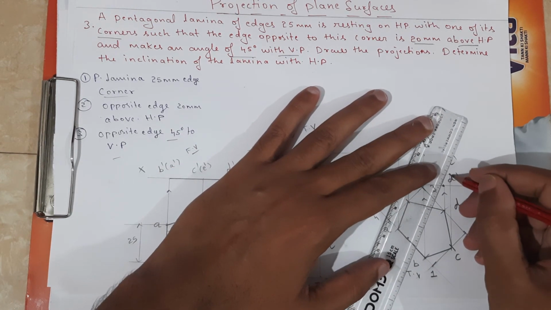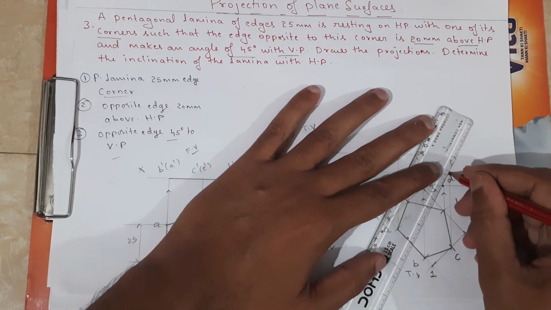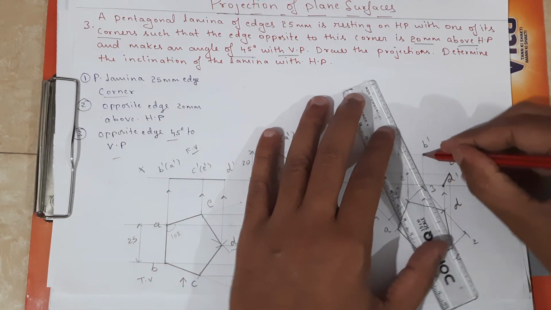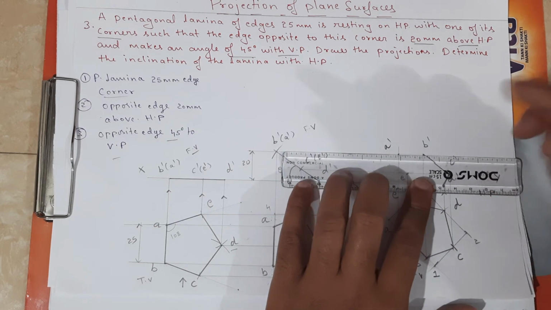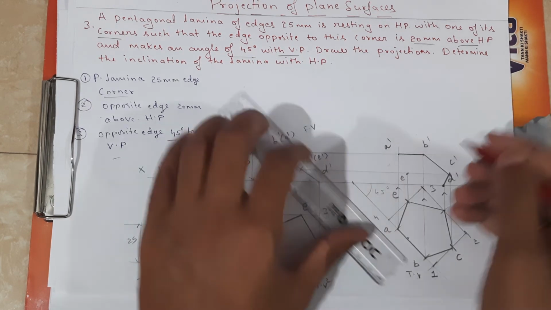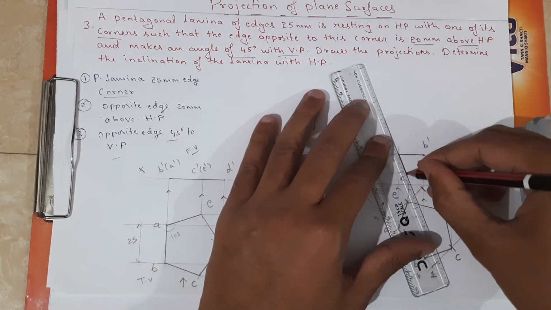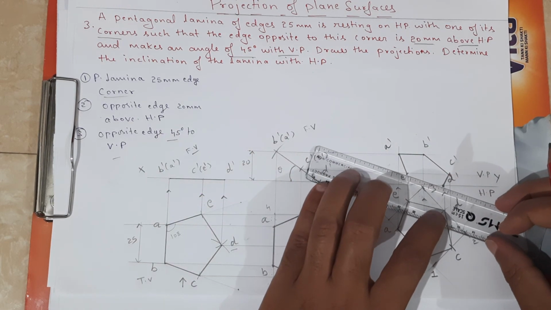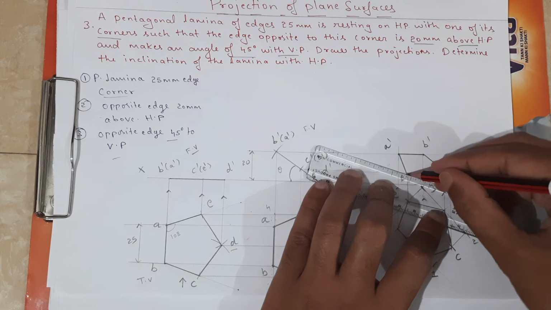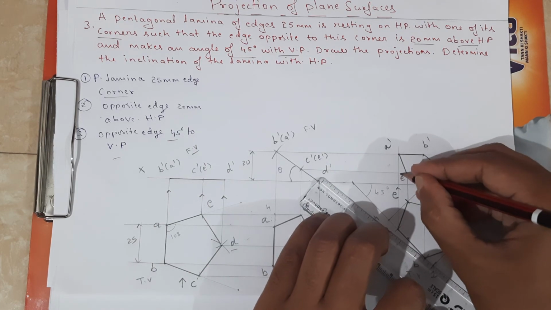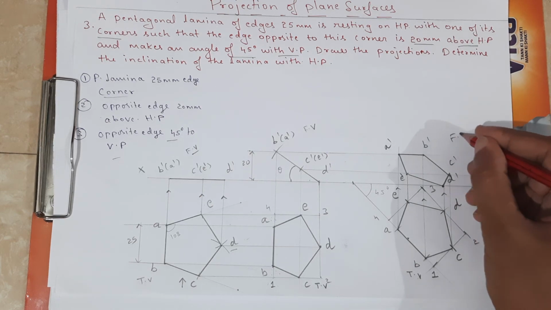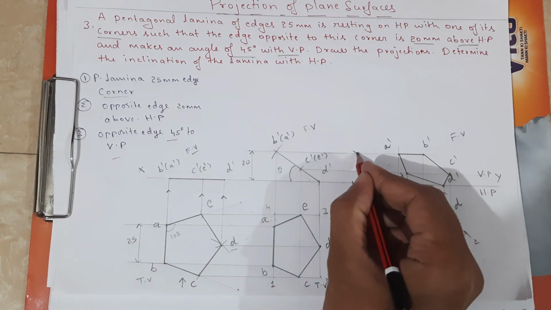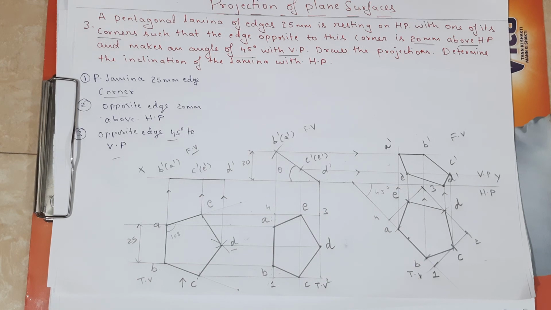From D dash to C dash join, then from B dash to C dash, B dash to A dash, A dash to E dash, E dash back to D dash. Okay, so this is the final front view and top view, and these are the projectors, the projection lines.